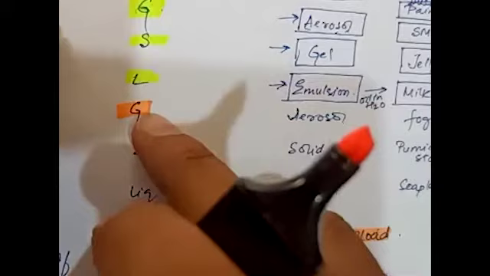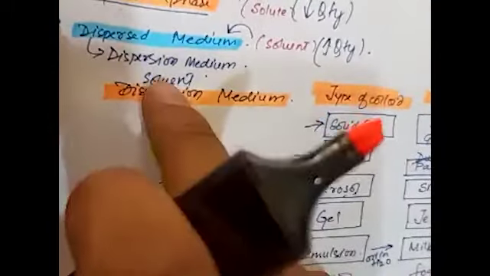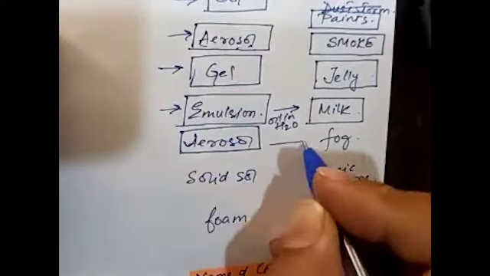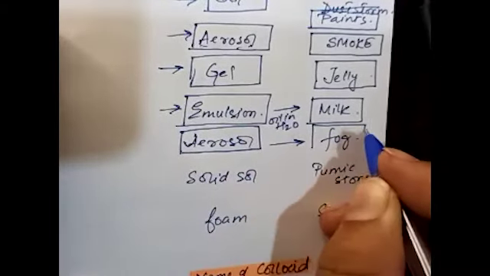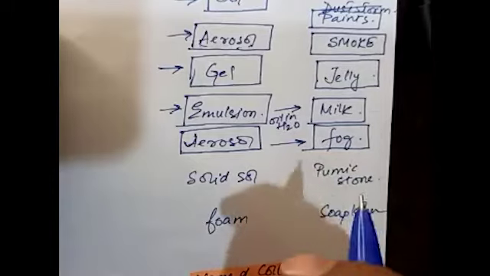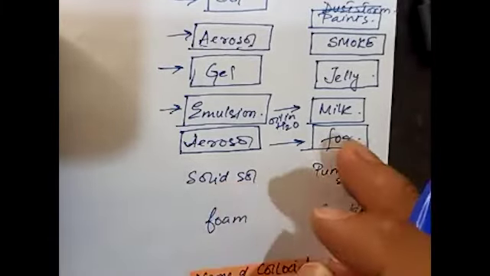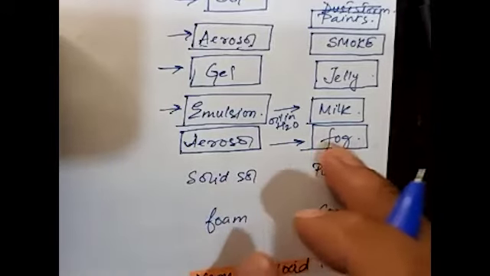When your dispersion medium, that is the solvent medium, is a gas, in that case it is always known as aerosol. The example of aerosol is fog, mist, all these things, dew. That is the fog.